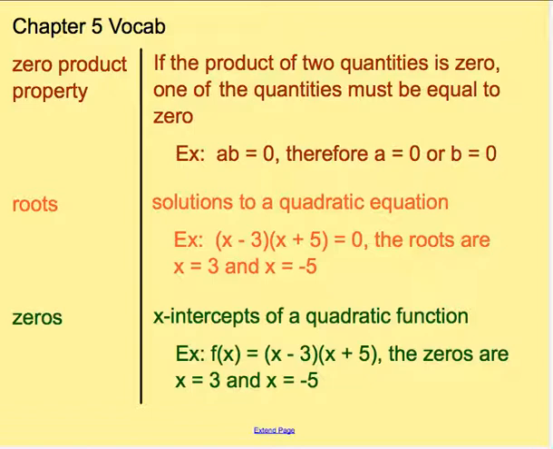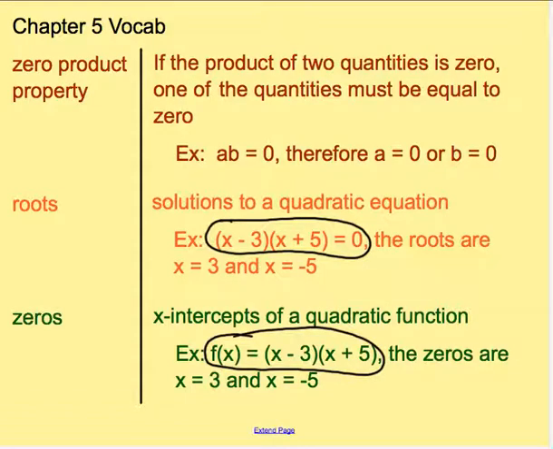And the final one is zeros. That's the x-intercepts of a quadratic function. So notice the only difference between my definitions on these two is this one equals 0, this one equals f of x. That's the difference between a root and a zero.